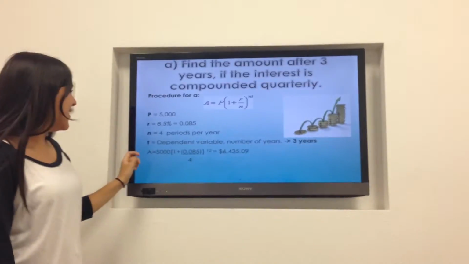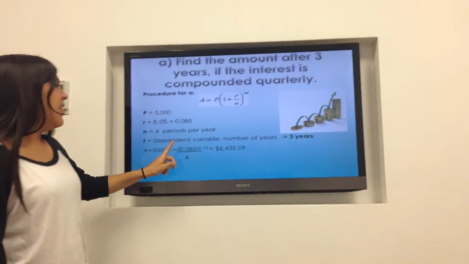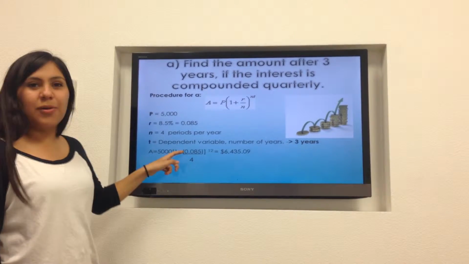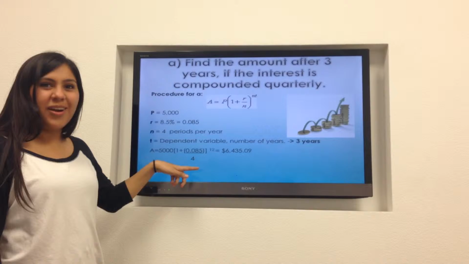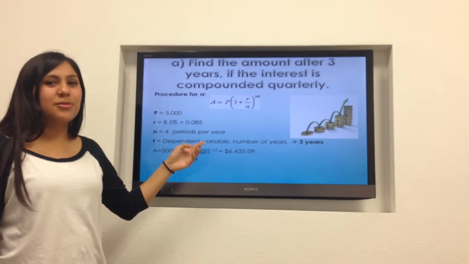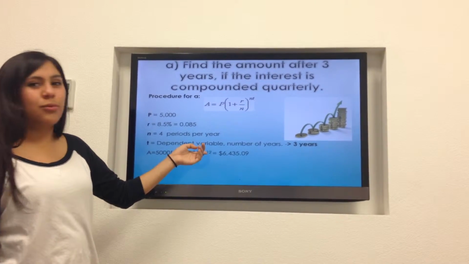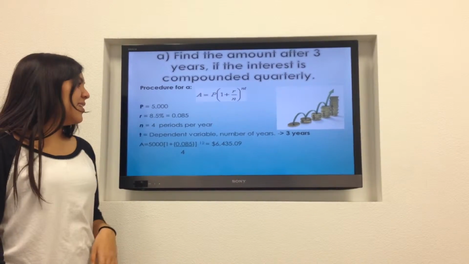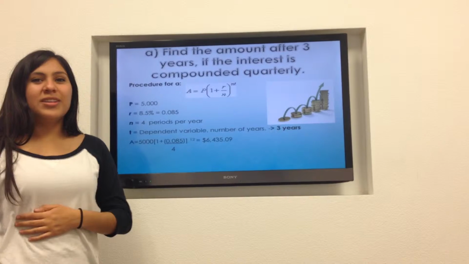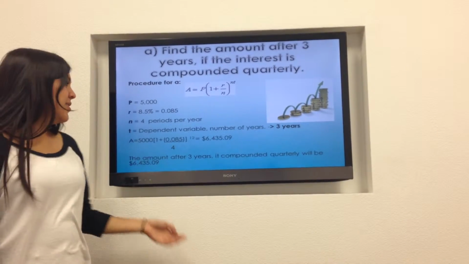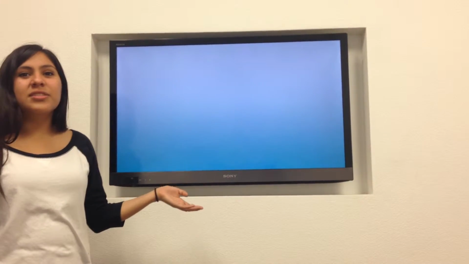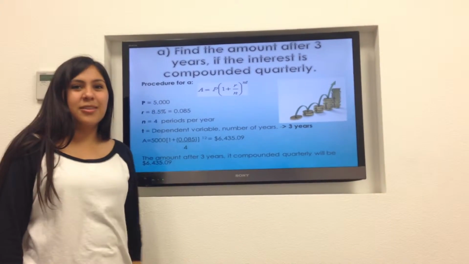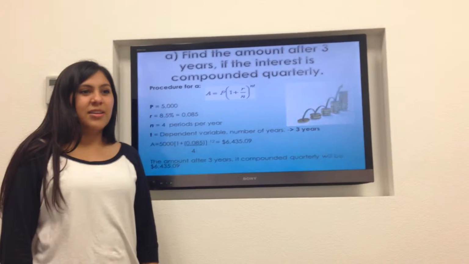Then the substitution is 5,000 times (1 plus 0.085 over 4), all of that raised to the 12, because it's 3 times 4. And that gives us 6,435.09. So the amount after 3 years, if compounded quarterly, will be $6,435.09.